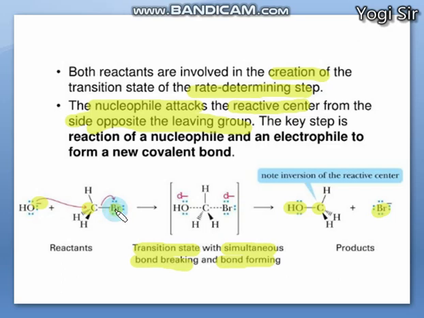Bromine is the leaving group which is getting removed from this compound, so it is named as leaving group, and this hydroxyl group binds from the opposite direction, and this is the key step of the nucleophile and an electrophile to form a new covalent bond, means after this transition phase is generated, a new covalent bond would be produced, right?